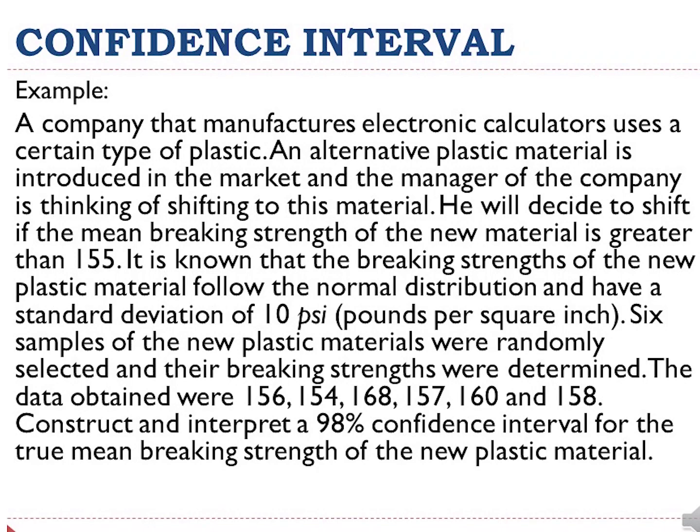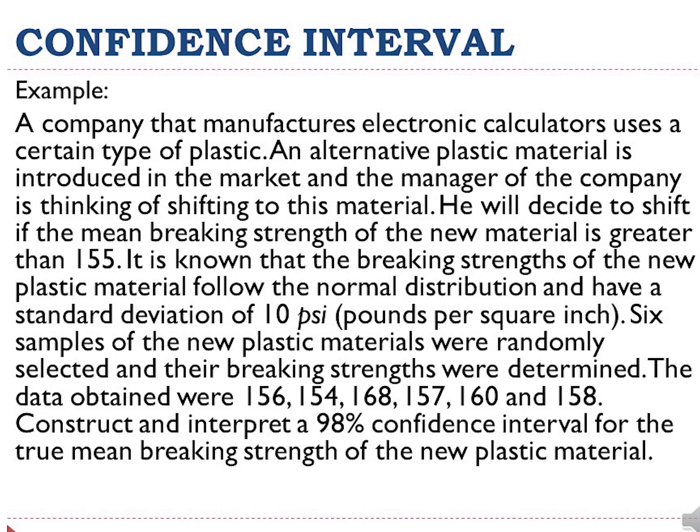Example number 2. A company that manufactures electronic calculators uses a certain type of plastic. An alternative plastic material is introduced in the market and the manager of the company is thinking of shifting to this material. He will decide to shift if the mean breaking strength of the new material is greater than 155.